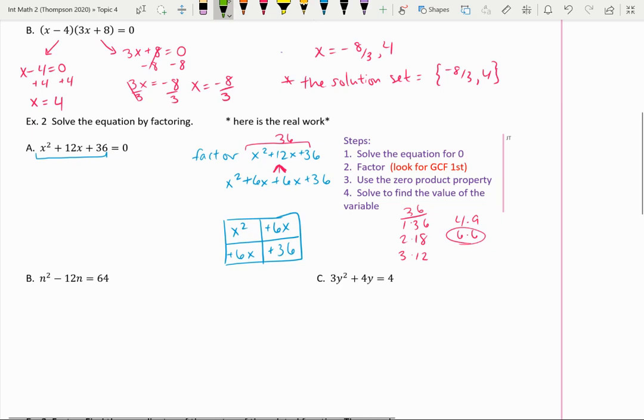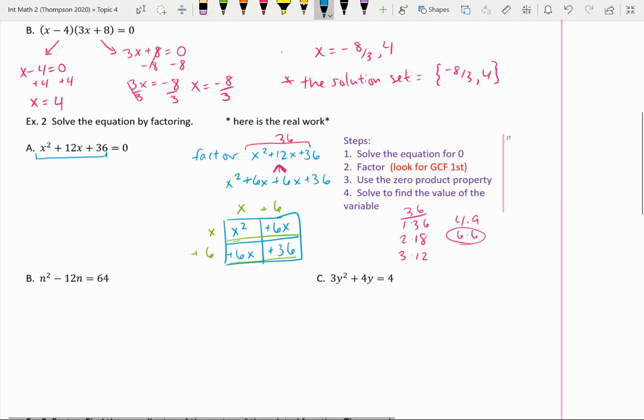X squared plus 6x, I could take an x out. 6x plus 36, I could take a plus 6 out.